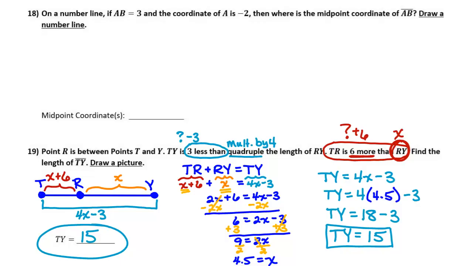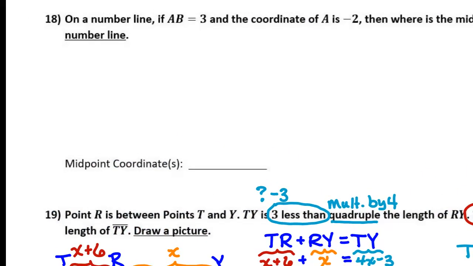On a number line, if AB equals 3 and the coordinate of A is -2, then where is the midpoint coordinate of AB? Draw a number line. All right, so let's start with drawing a number line.